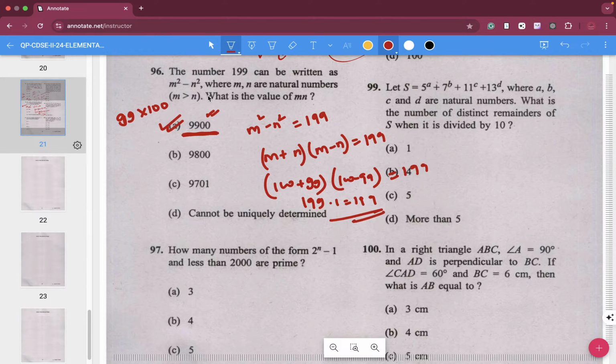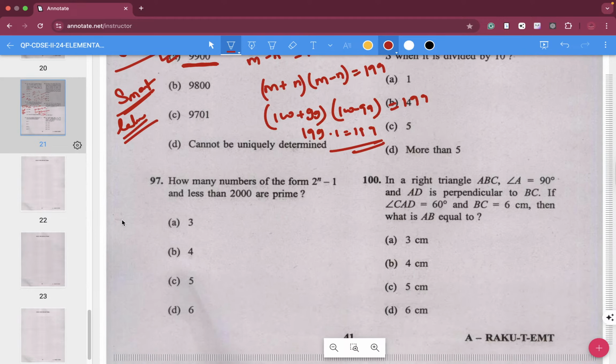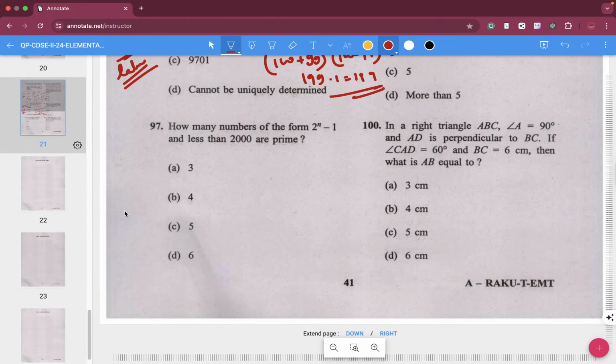So it can be easily determined. There are some questions in which you will have to employ this smart lateral thinking, right? This is very, very important. How many numbers of the form 2 raised to the power n minus 1 and less than 2000 are prime?